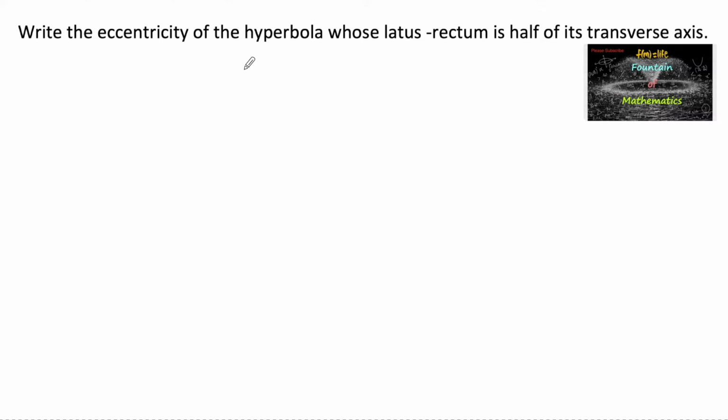Write the eccentricity of the hyperbola whose latus rectum is half of its transverse axis. Let us consider the standard form of hyperbola, x square by a square minus y square by b square is equal to 1, where a is greater than b, and here the transverse axis is the x axis.